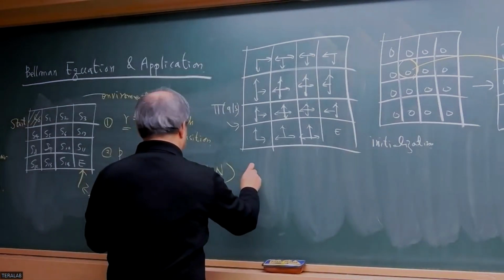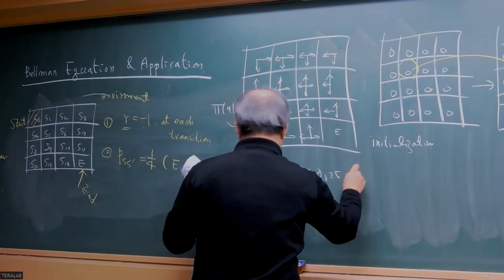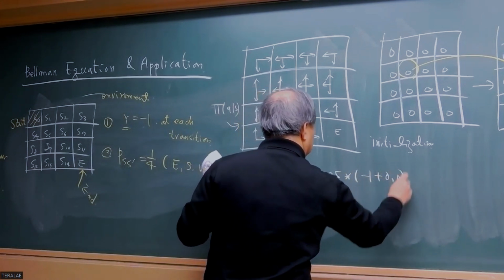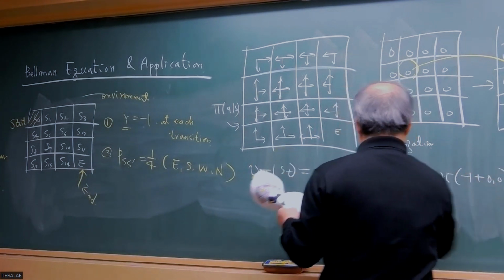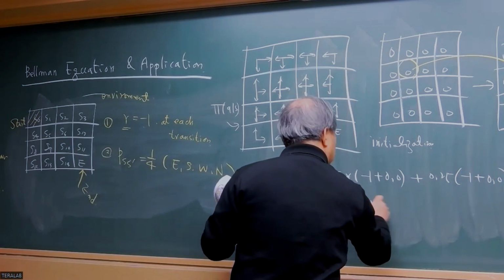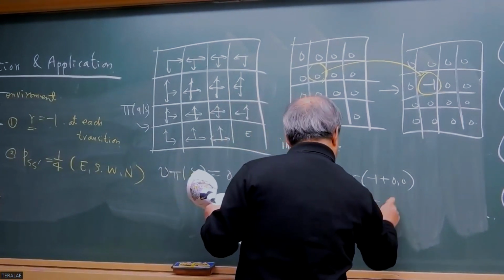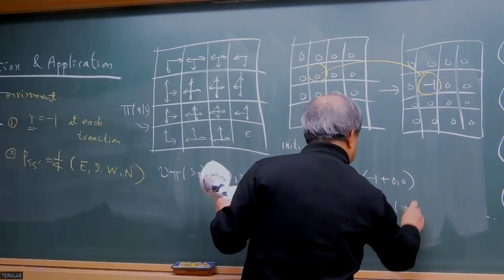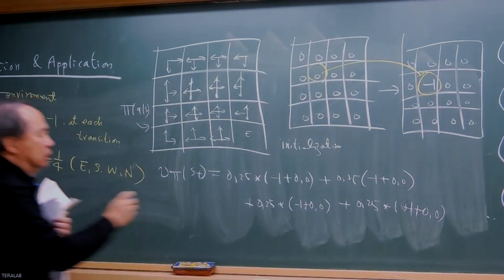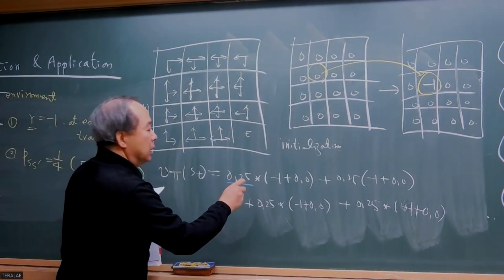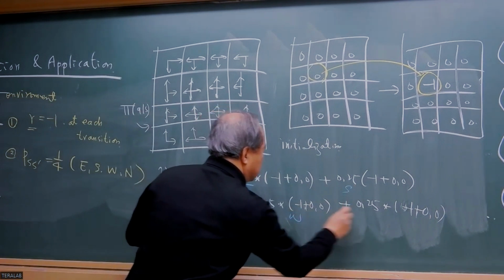I will show you the equation. 0.25 is the action probability: east, south, west, north.